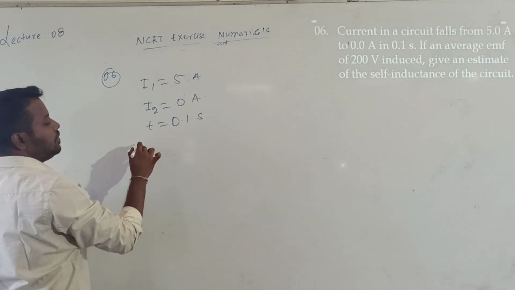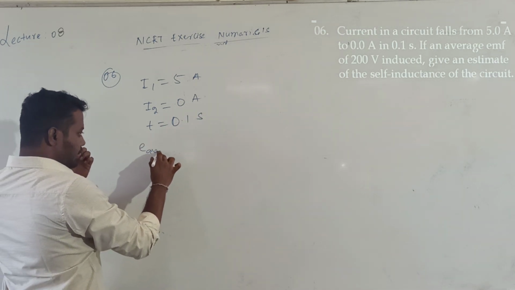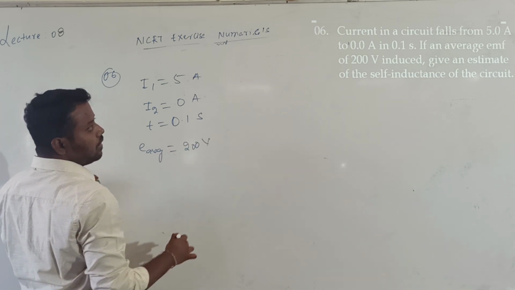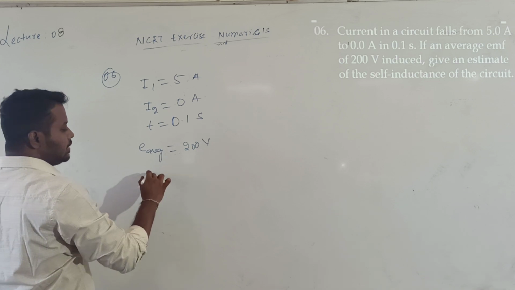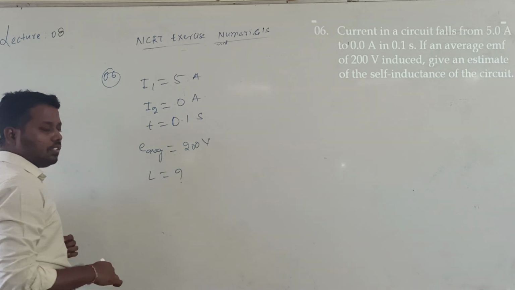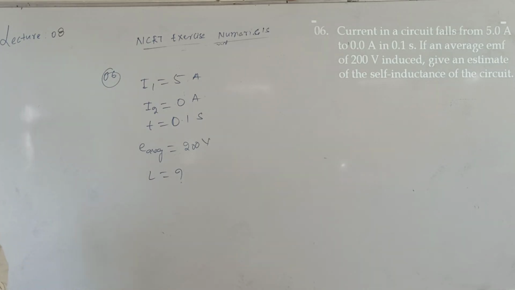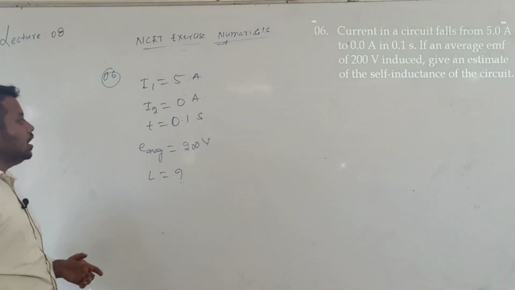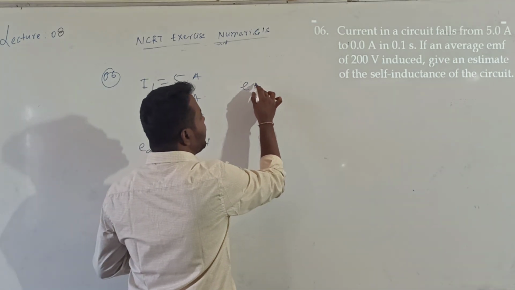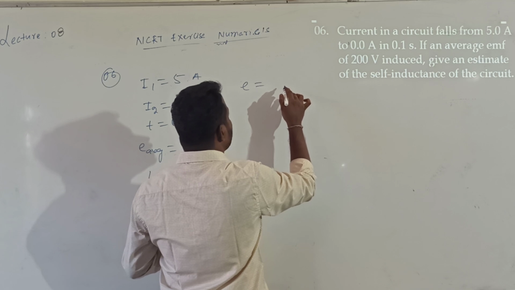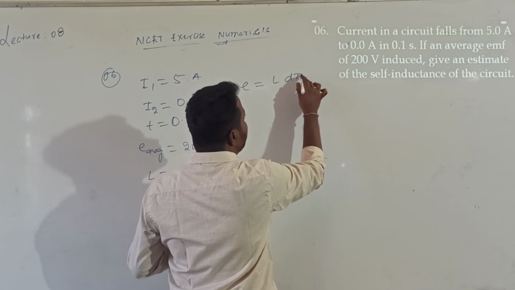The average EMF they gave, V average, is 200 volt. Now they are asking us to calculate the self-inductance of the coil. What is the self-inductance of the coil? How can I calculate the induced EMF? E is equal to L into di by dt.